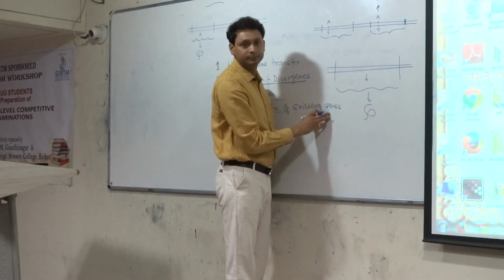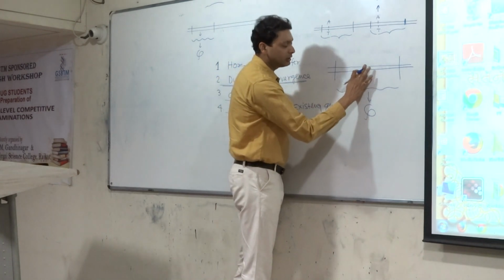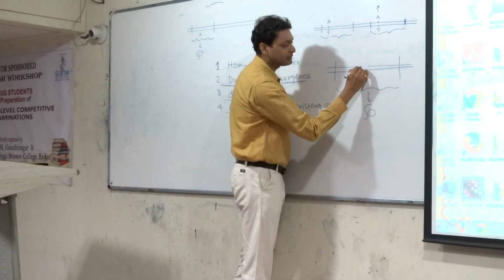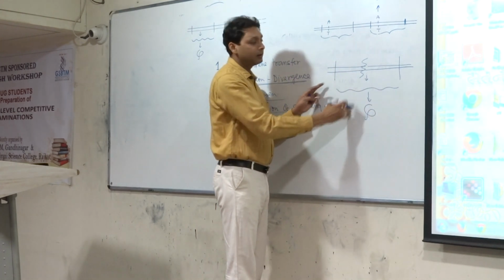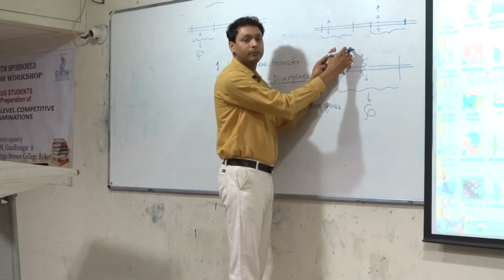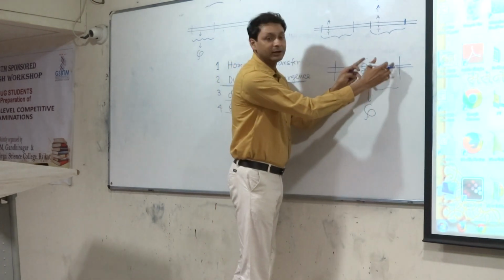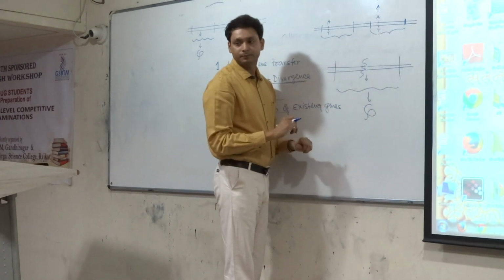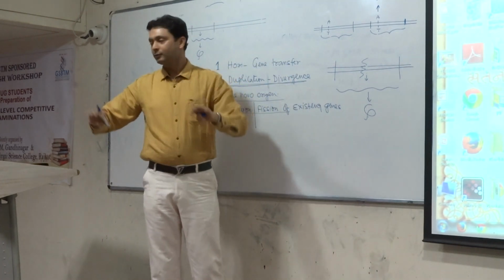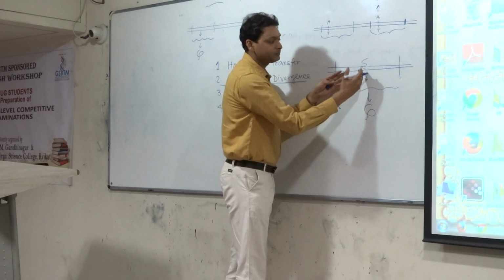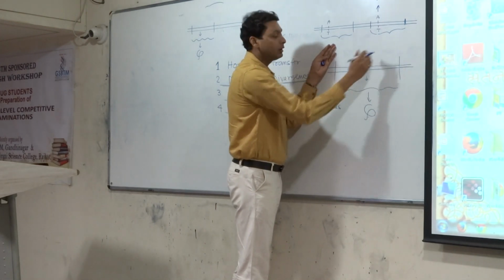It is broken. Now this particular gene undergoes the process of fission. It breaks. After the break, this particular part is going to perform a particular function. This part is going to perform a particular function. Now a single gene, after undergoing the process of fission, as a result of the fission, now two genes arise.